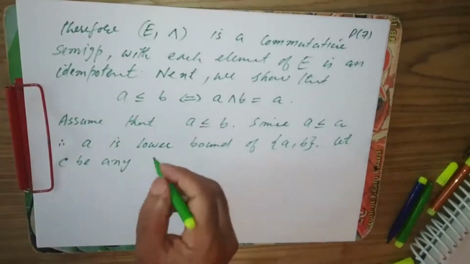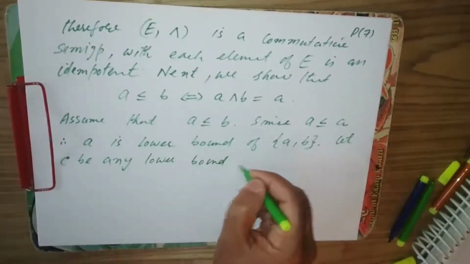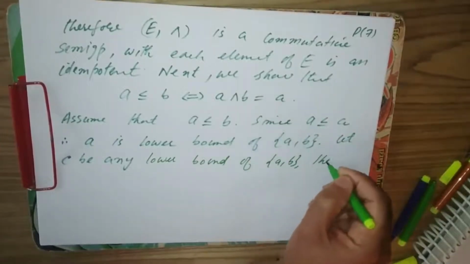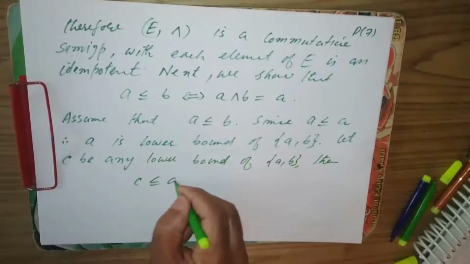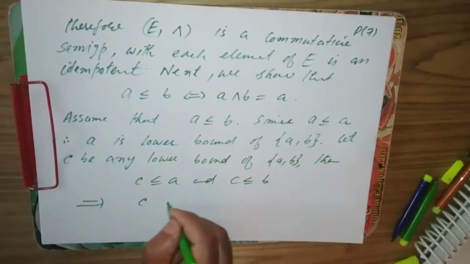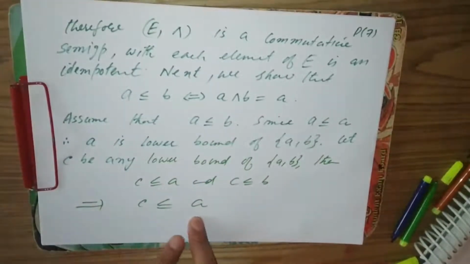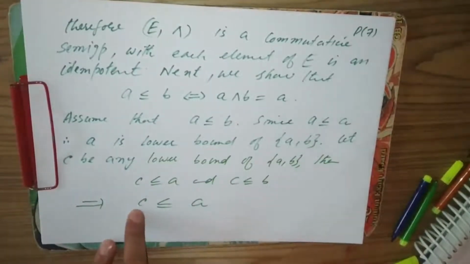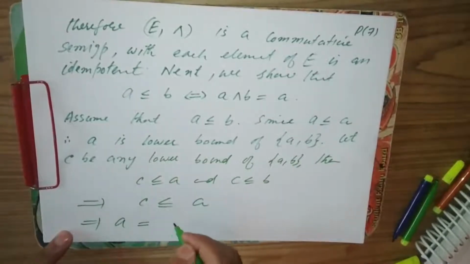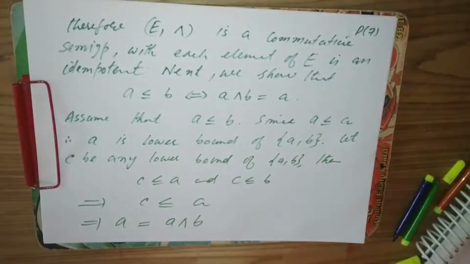Let C be any lower bound of A and B. Then C is less or equal to A and C is less or equal to B. So that means A is a lower bound of A and B, and A is greater or equal to every lower bound of A and B. Which means that A is the greatest lower bound of A and B. So A is equal to A meet B.